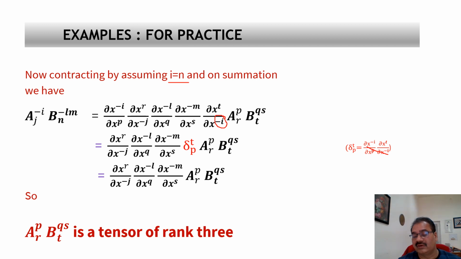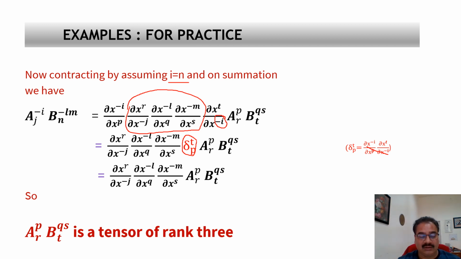You know this relation, so you may replace this equation as ∂xr/∂x bar j, ∂x bar l, ∂xq, ∂x bar m, ∂xs, and then the Kronecker delta δ_t^p, A^pr, and B_qst. We already know about this tensor; its value is 1.